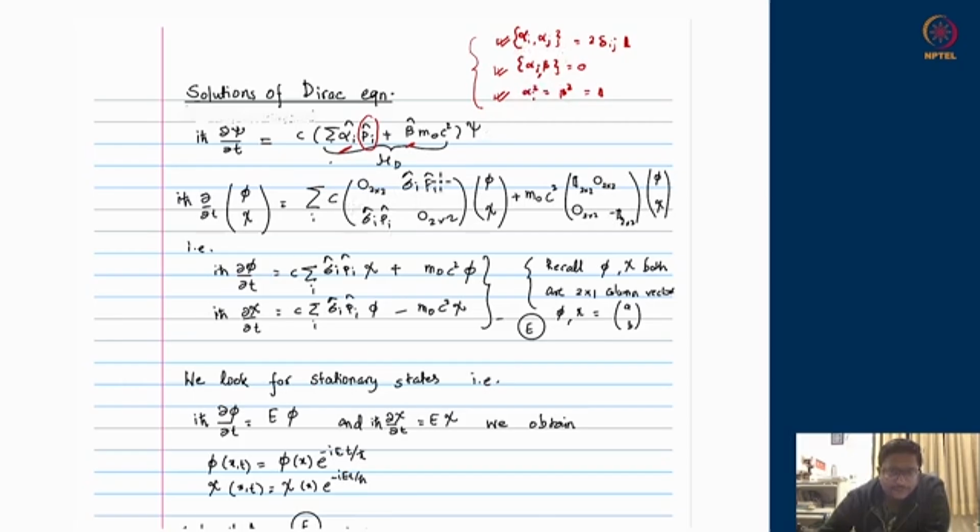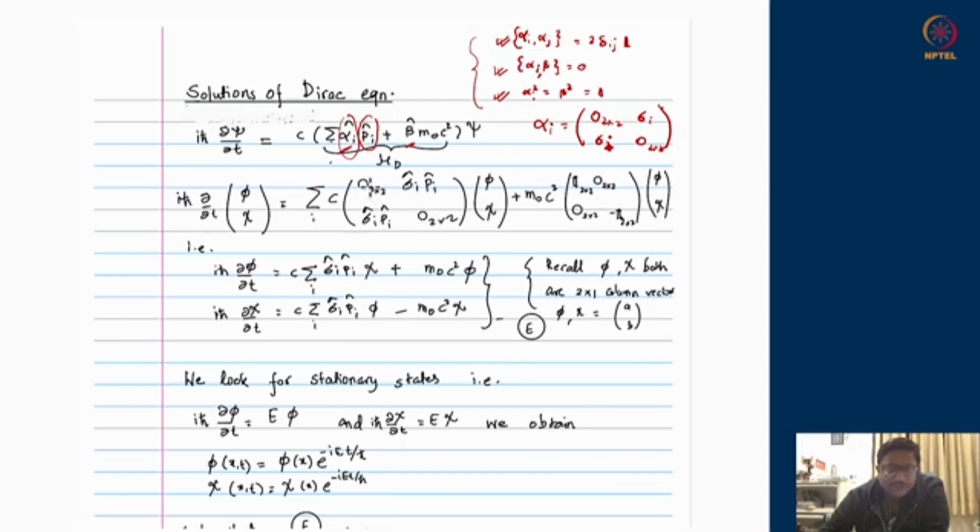For example, one possible case of such 4 linearly independent matrices is this, where the alpha i's are matrices with the 2 cross 2 zero matrix on the diagonal, and sigma i, which are 2 cross 2 dimensional Pauli matrices, in the off diagonal. When these alpha i's multiply the pi's, they will take all the components multiplied to pi.